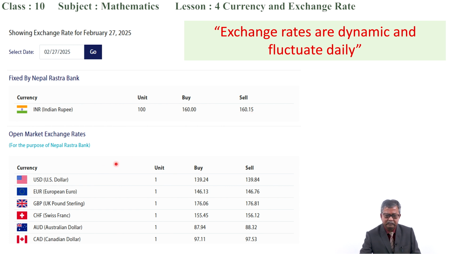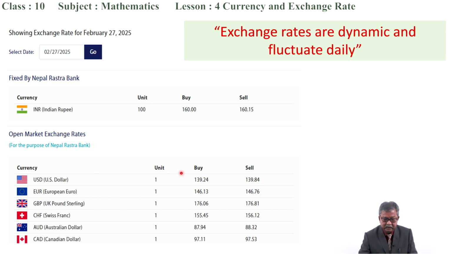160.15. Similarly, US dollar: 1 dollar is equal to 139 rupees 24 paisa, meaning 139.24 buying rate, and the selling rate is 139.84. Similarly, euro: 1 euro is 146.13 and the selling rate is 146.76.